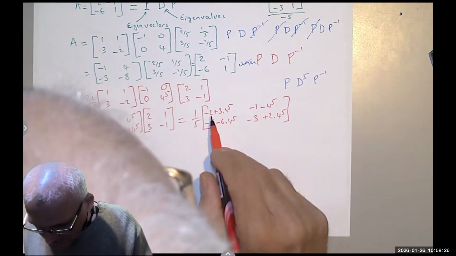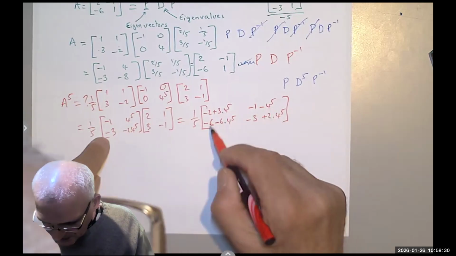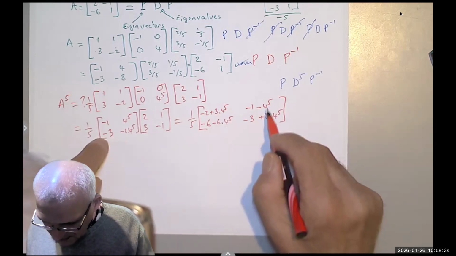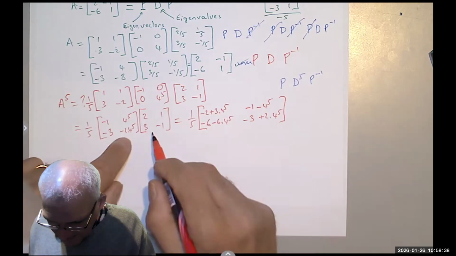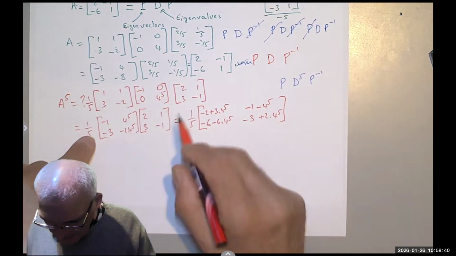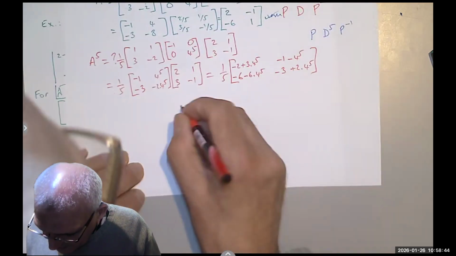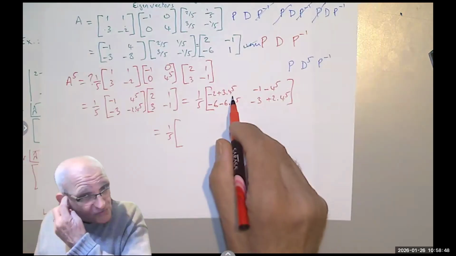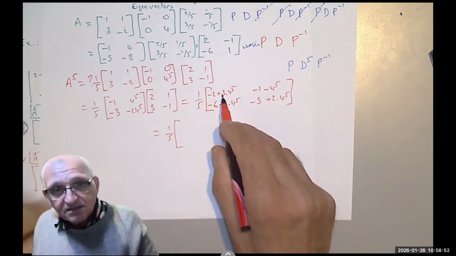Let me check. I just want to make sure I didn't do any errors. I don't want to give you something wrong. And here you get -3 plus 2. So if you want, this would be 1/5 times 4 to the 5th, which we said is 1024. So this is 3072.